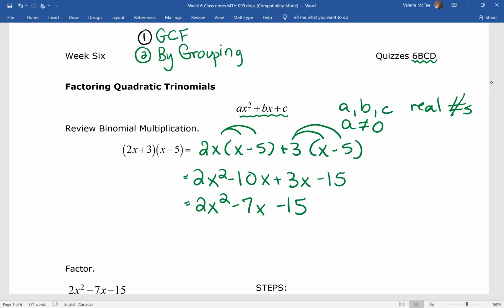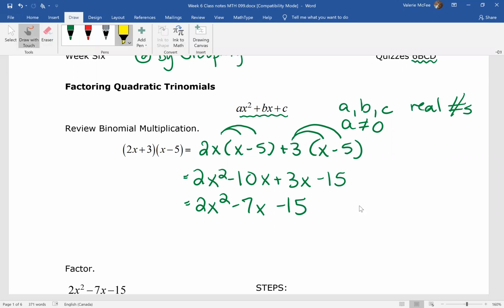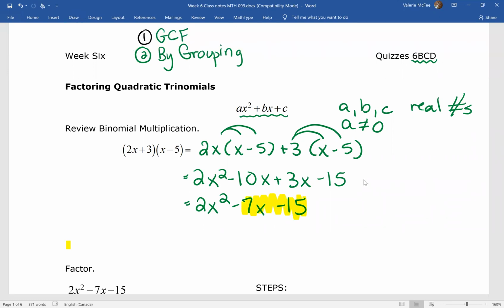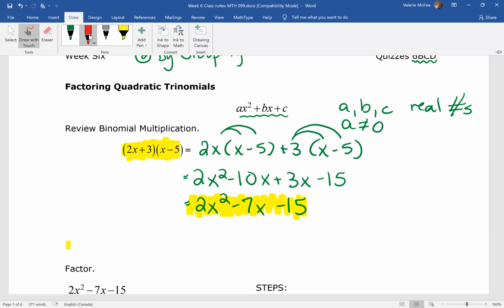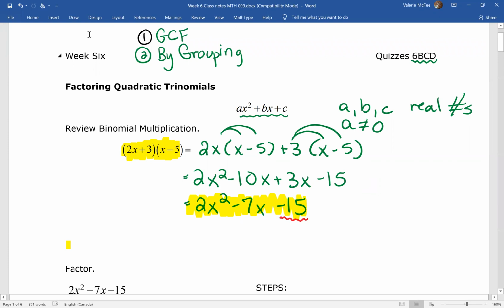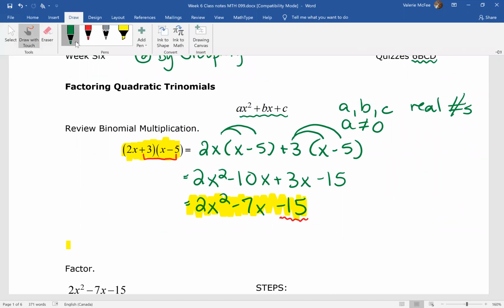So what I want you to pay attention to is the relationship between our quadratic trinomial, the product, and the multiplication that gave us this product. Let's look at the last term here, negative 15. We got that negative 15 by multiplying the last two terms, 3 times negative 5. Let's look at the first term.